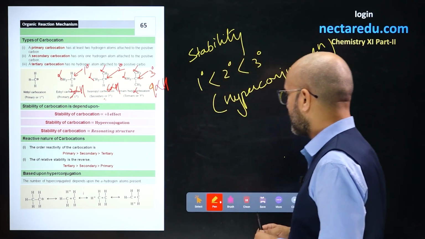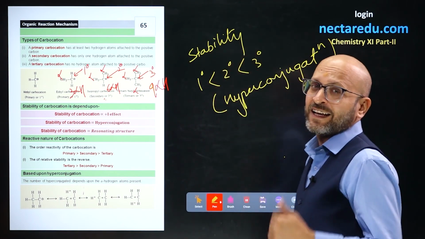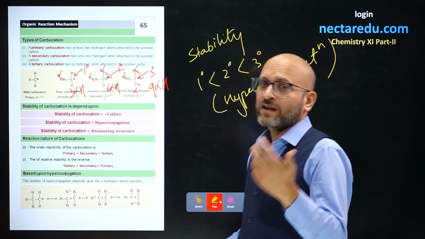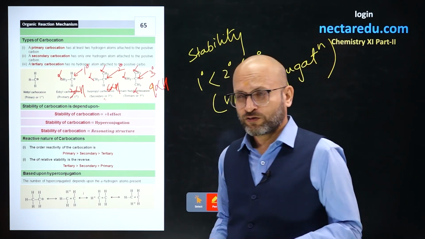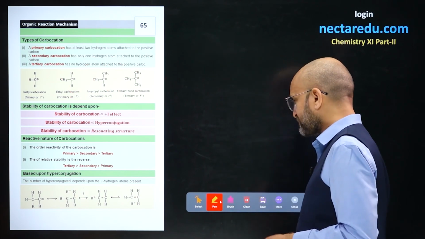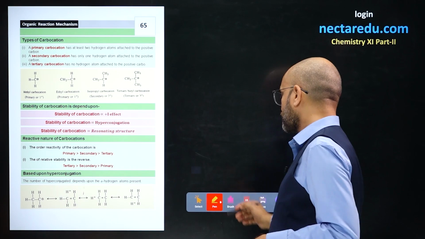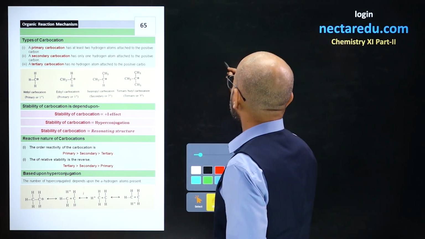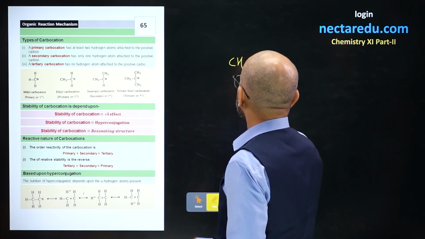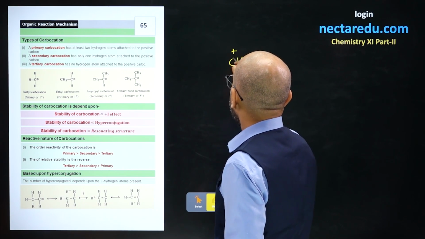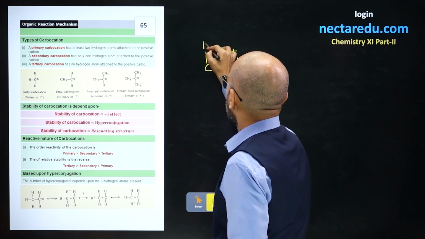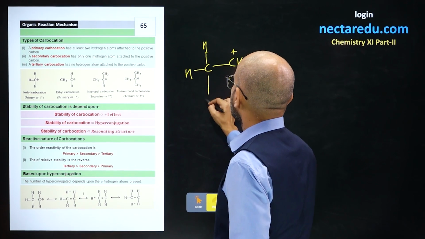Next, if we have this stability order, you can understand what the reactivity order could be. Next we have what happens in hyperconjugation. In hyperconjugation something like this happens. If we have CH2 plus and we have 3 alpha hydrogens like this.